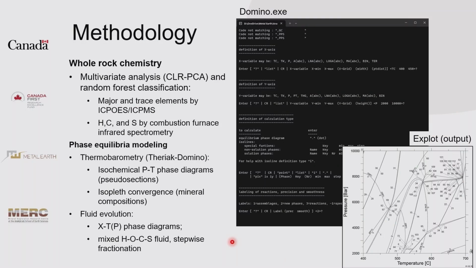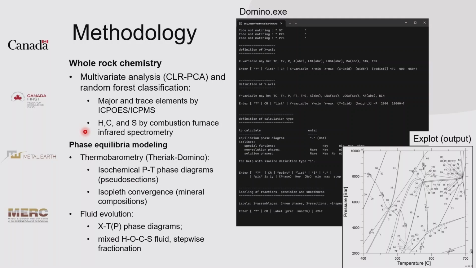I'll talk about that a little bit. This was acquired by different ICP methods. The other part is the hydrogen, carbon, and sulfur volatiles, which was acquired using the complete characterization package with Metal Earth, done with combustion furnace and infrared spectrometry.